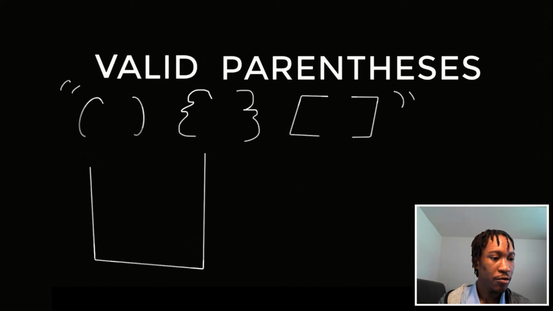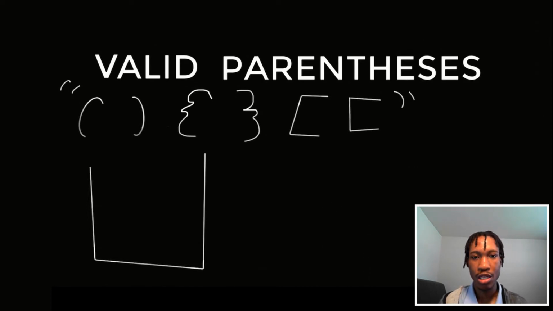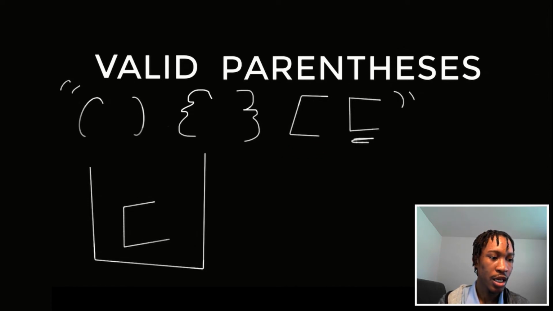So let's say, for example, we had an opening straight bracket here, which definitely would be false. We have opening and opening, and then we added an opening straight bracket, and then we get to here, and what did we see?